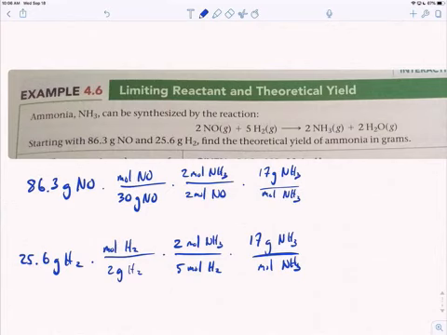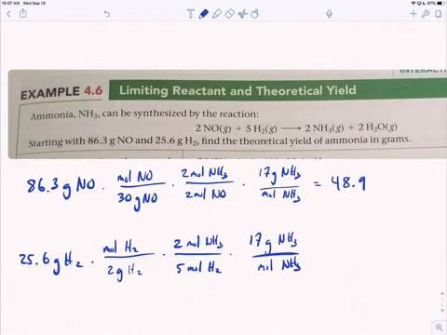86.3 divided by 30 times 17 is equal to 48.9. That's small, huh? The next one, 25.6 divided by 2 times 17.